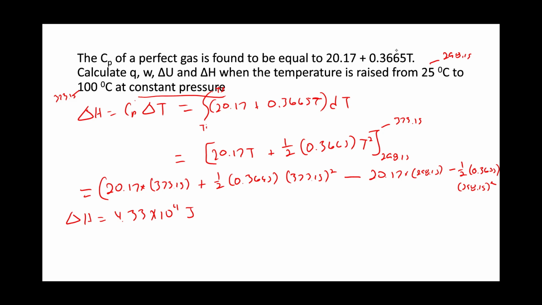Now, we found delta H here. Had to do a little bit of math here to figure it out, but we found delta H, right? And since this is constant pressure, we know that delta H is the same thing as heat, right? So our heat is also 4.33 times 10 to the fourth.